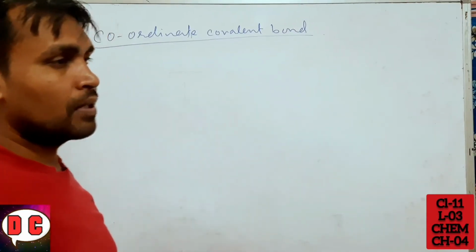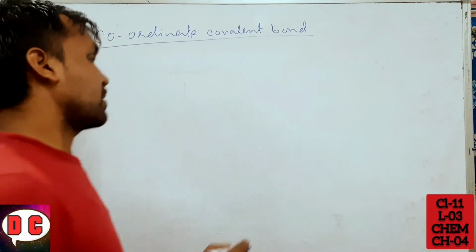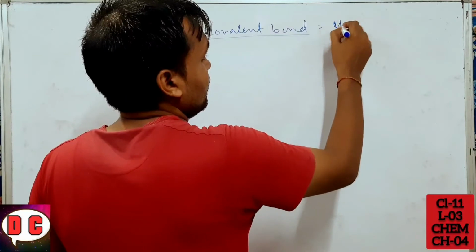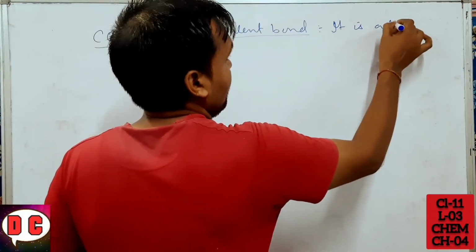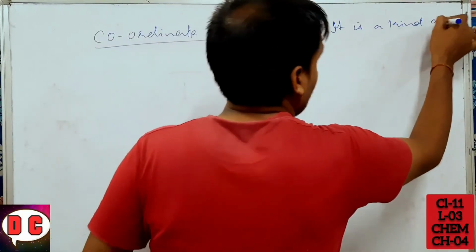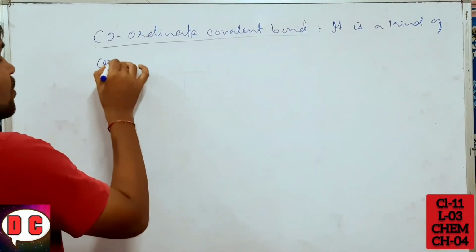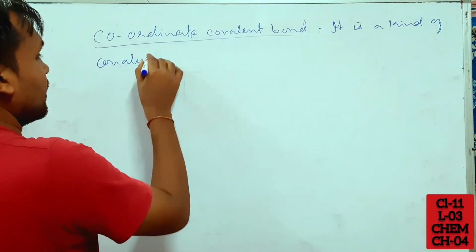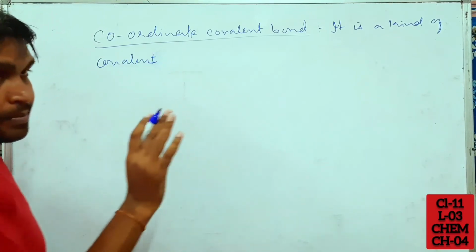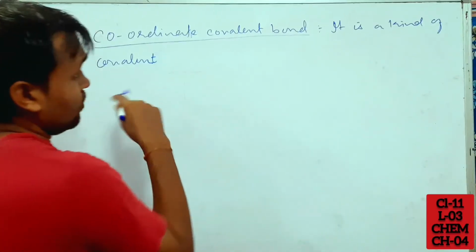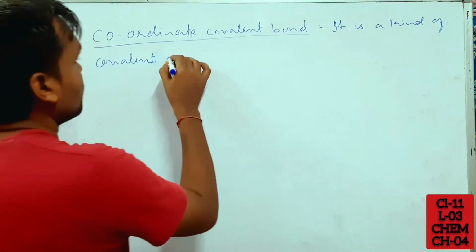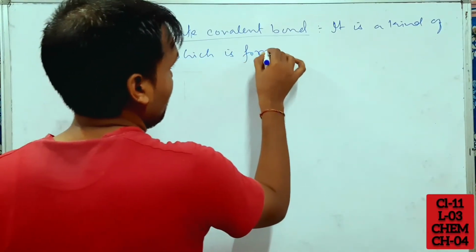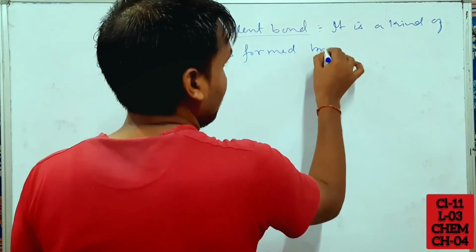So coordinate covalent bonds are a kind of covalent bond. My handwriting is very bad, please forgive me.